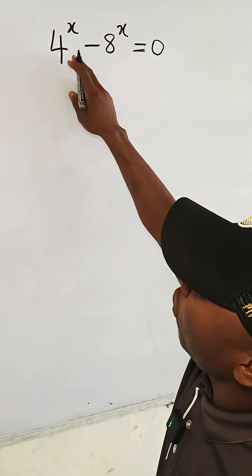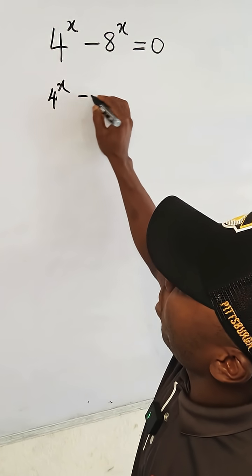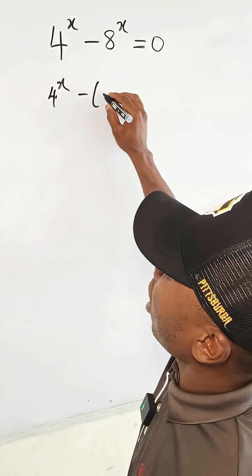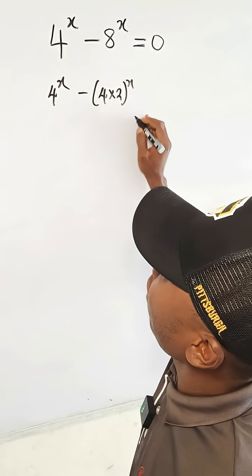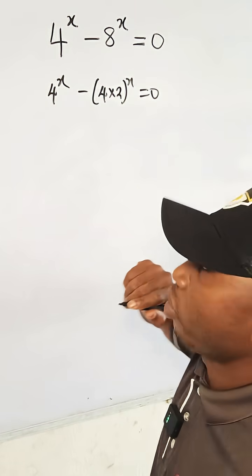From here, we have 4 raised to the power of x. We can put it as 4 raised to the power of x minus, this 8 here can actually be split into 2, as (4 times 2) all raised to the power of x, and is equal to 0, because 4 times 2 will give us 8, right?